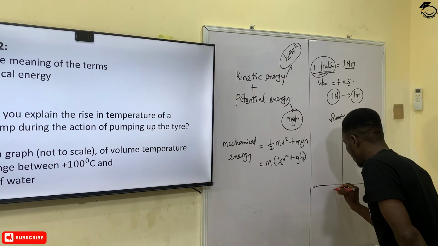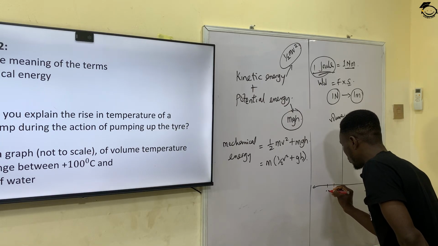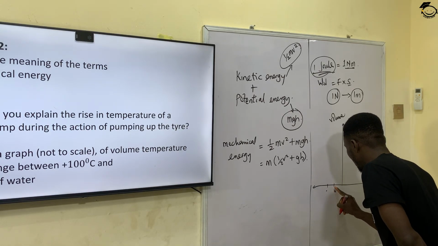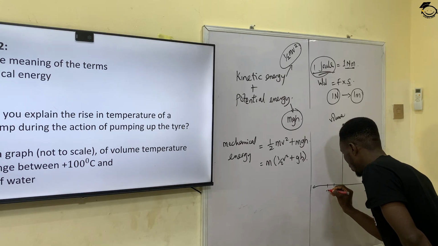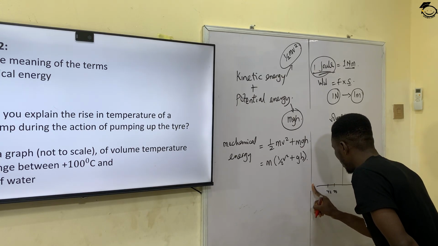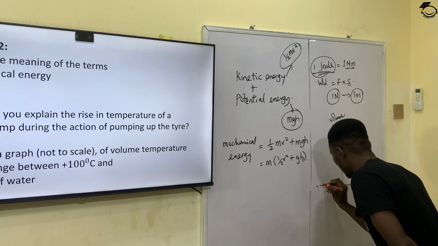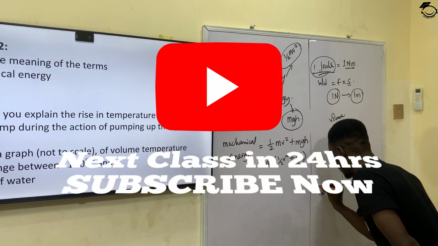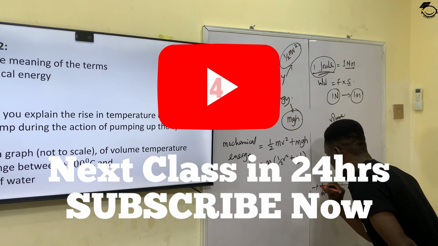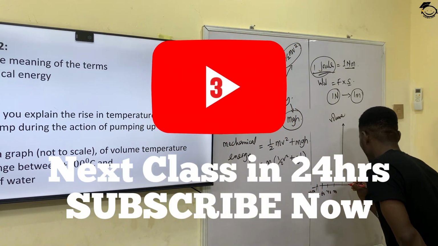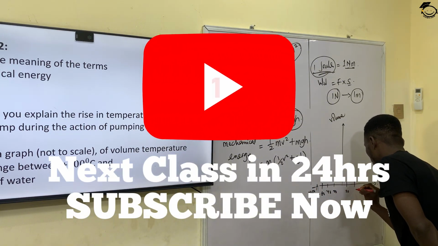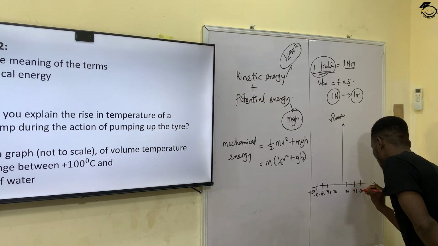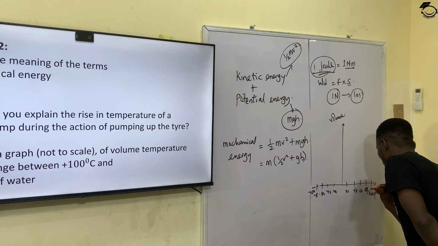Here I have minus 20, minus 40, minus 60, minus 80, and minus 100. And here I have 20, 40, 60, 80, and 100.